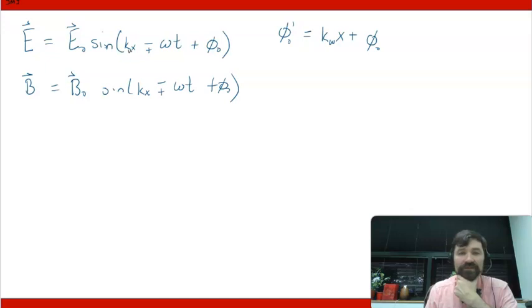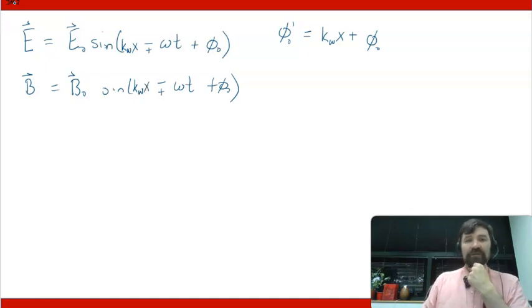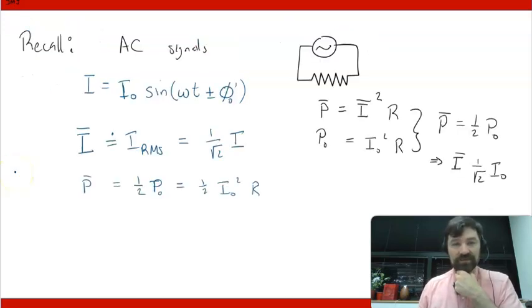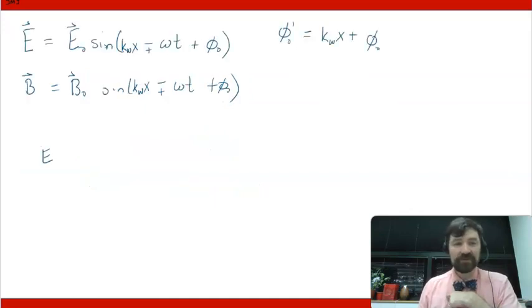There's, by the way, a w subscript on both of these k's that I left off from before. So k_w x. Okay, the reason why I'm bringing all that up is because this equation looks very much like this equation from a physics mathematics perspective. So E and B look like I for AC.